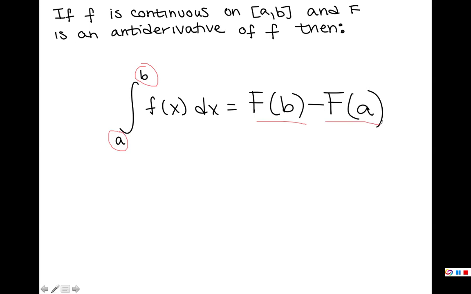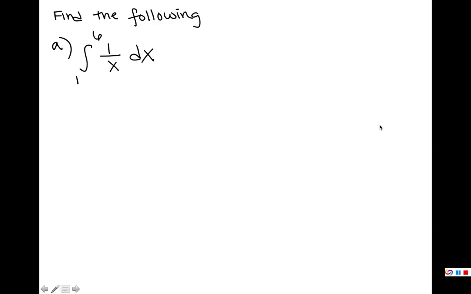This is going to be a shortcut to avoid using that long Riemann sum process that we learned in the previous section. As always, I think theorems are easier to understand through examples, so let me show you what this theorem is telling us by doing an example.